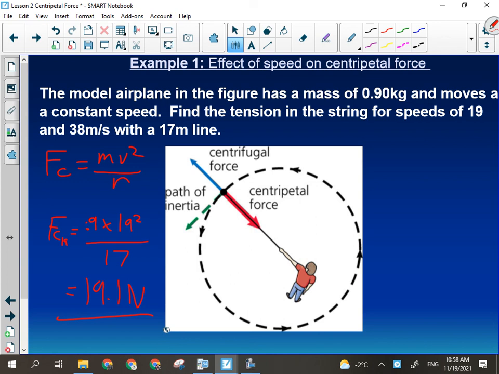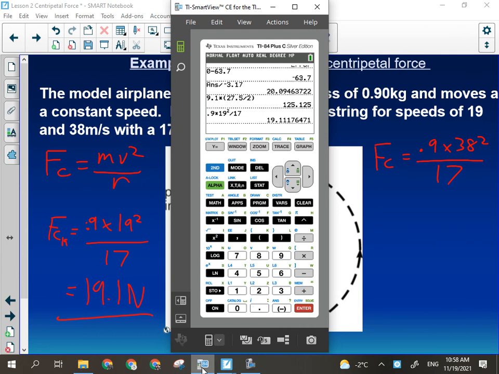All right. For the 38 meter per second one, 0.9 kilograms times 38 squared divided by the 17 meter radius. All right, so 0.9 times 38 squared divided by 17, 76.44. Is that 4 times bigger?